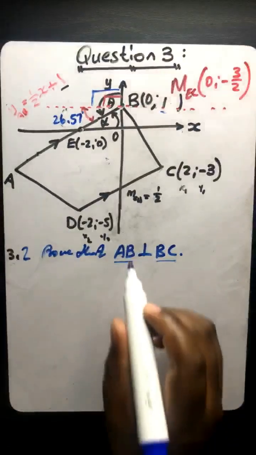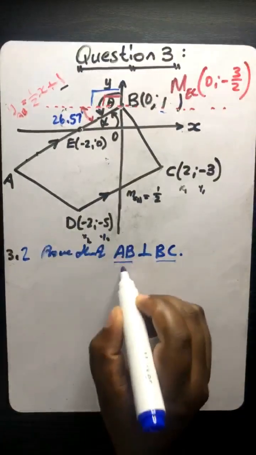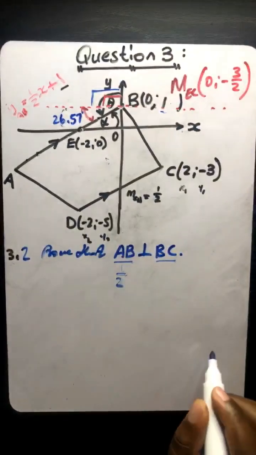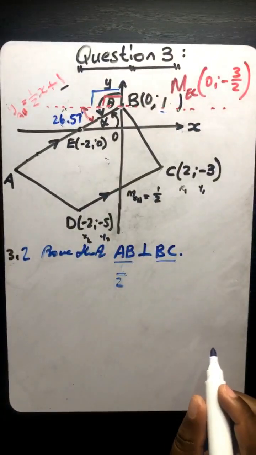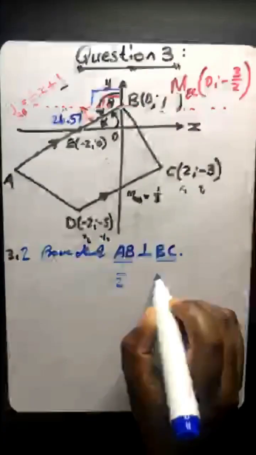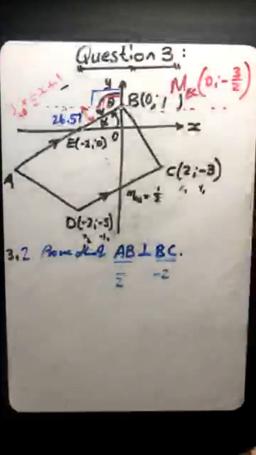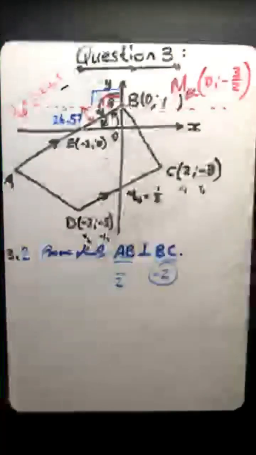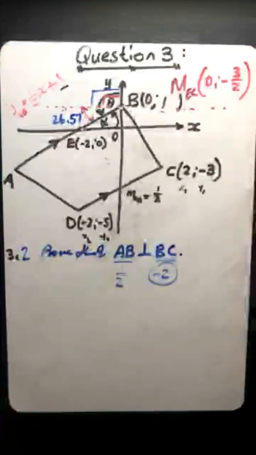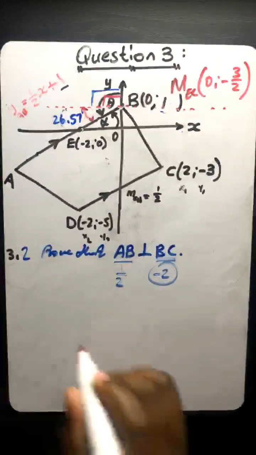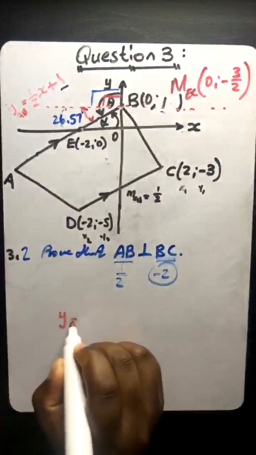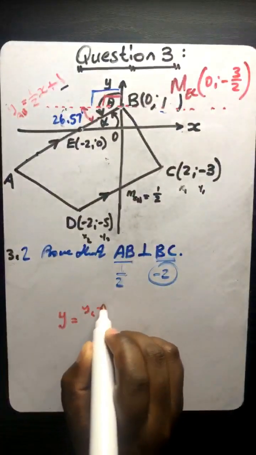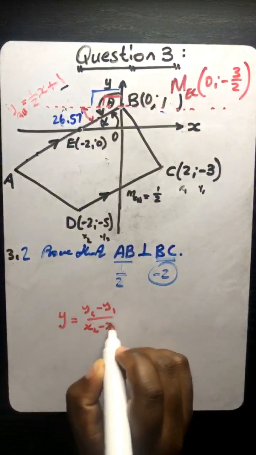We know very well that the gradient of AB is 1/2. When we calculate the gradient of BC, we must expect an answer of -2. Let's check that. The gradient is y2 minus y1 over x2 minus x1.